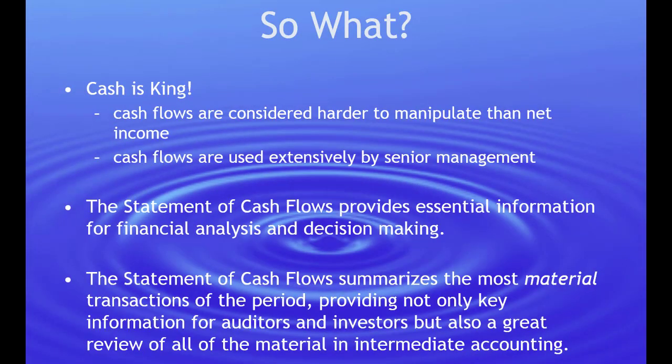In addition to providing information about cash, providing information about risk, providing information about where we are in the life cycle of the firm, the statement of cash flow also summarizes all of the major transactions of our business. It's all in there because we have to summarize that information and show it as part of determining cash flow from operating, investing, and financing.